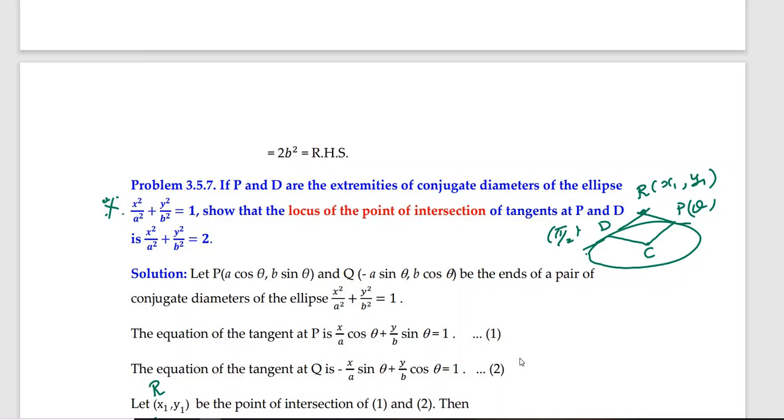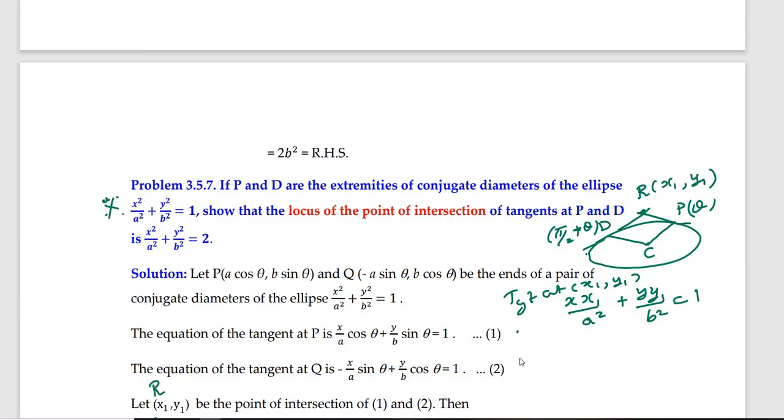We also know that the equation of the tangent at any point x1, y1 on the ellipse is given by x x1 by a square plus y y1 by b square equal to 1. Now if you want to know the equation of the tangent at P, you just replace x1, y1 by a cos theta, b sin theta. At Q, just replace x1 by minus a sin theta and y1 by b cos theta.